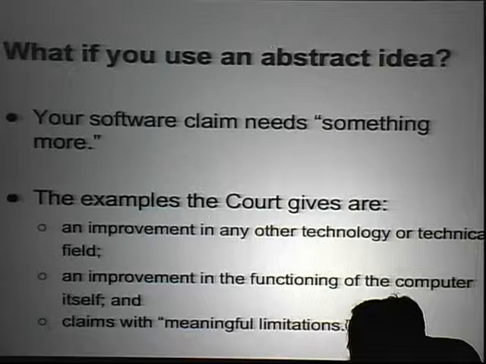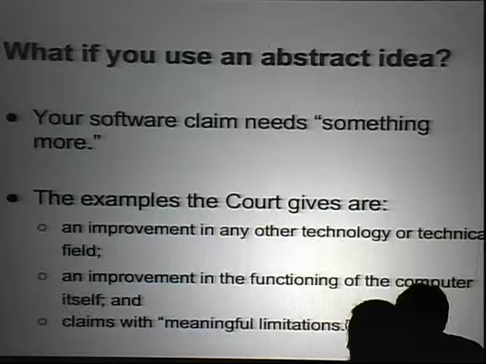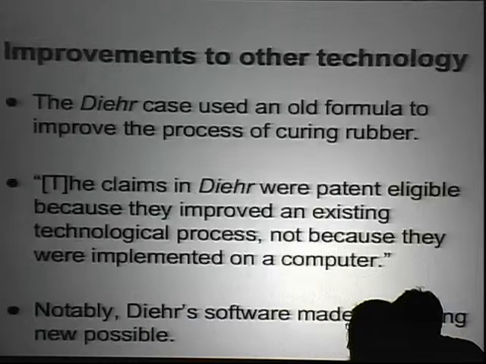An improvement in the functioning of the computer itself, which is something we're going to talk about in a minute. And then claims with meaningful limitations, with no idea what a meaningful limitation is.